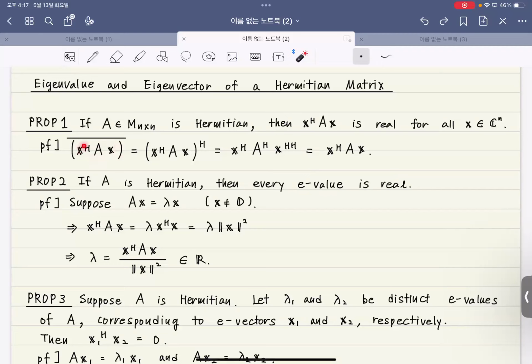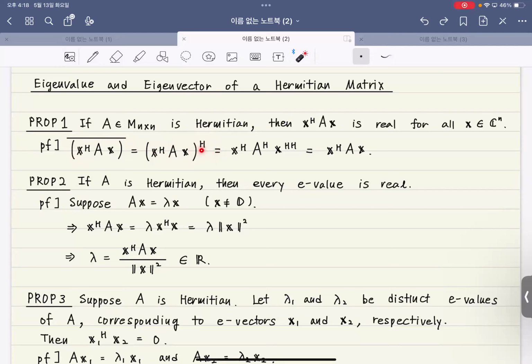As I explained before, this is a 1 by 1 matrix, and I am taking the complex conjugate of this 1 by 1 matrix. But for a 1 by 1 matrix, taking the complex conjugate is precisely the same as taking the Hermitian, because the transpose of a 1 by 1 matrix does nothing. Yeah, sounds very silly, but that is that.